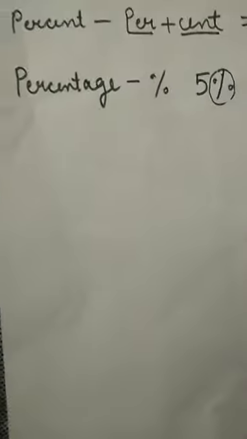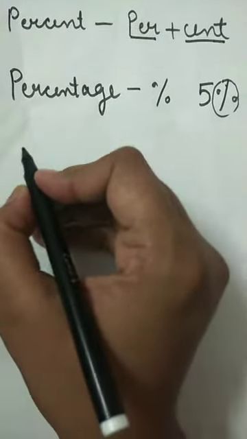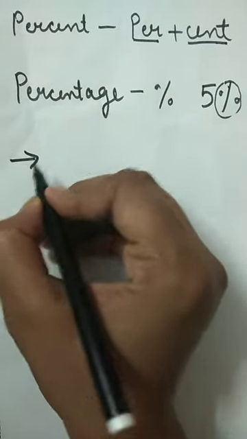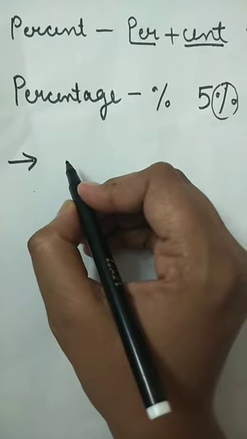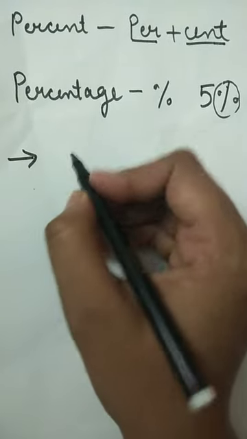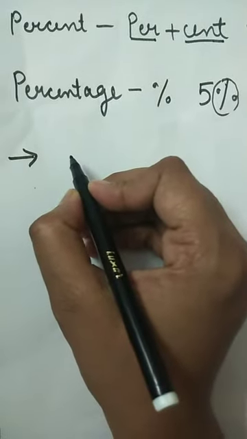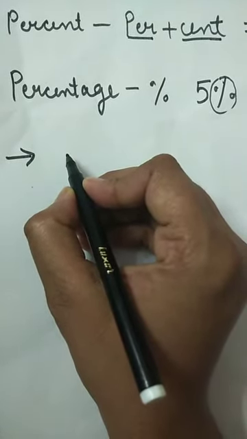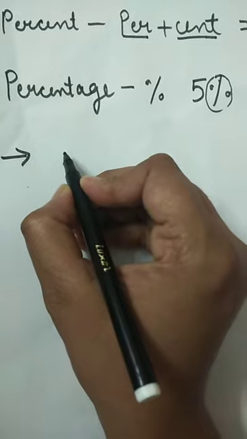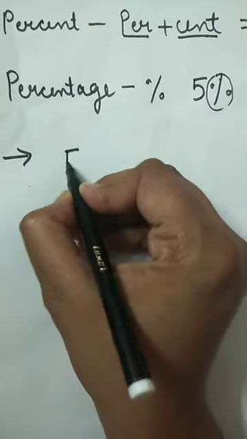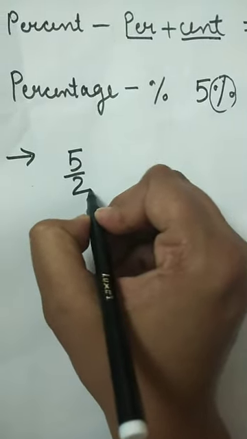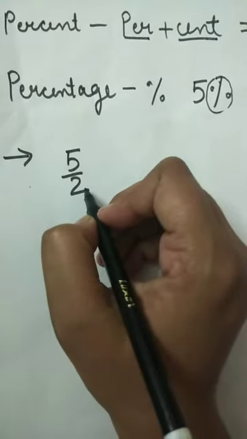Now the next thing is, suppose we have to express any number as percent. So how will we express it? Suppose there is a rational number, take it as 5/2, and you have to express this number as percent.